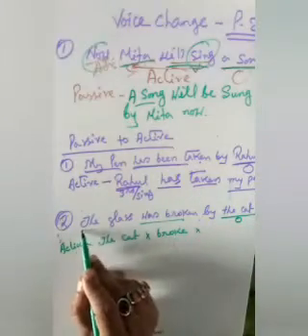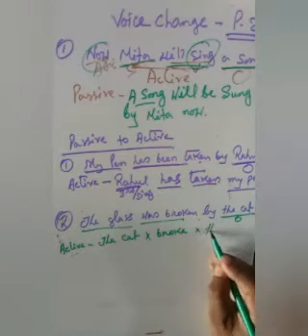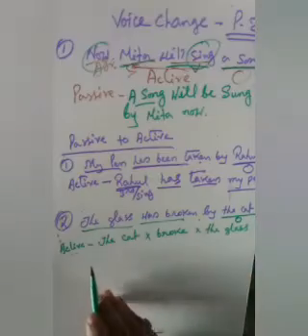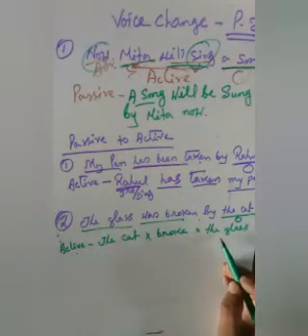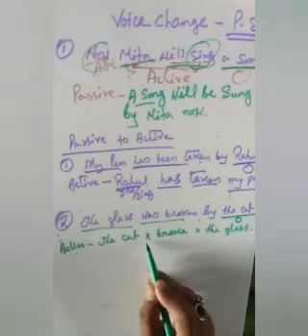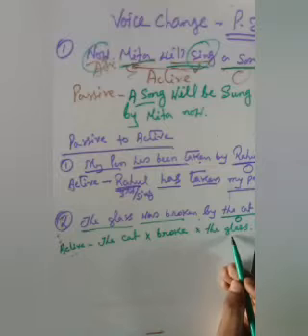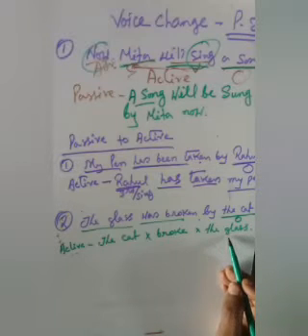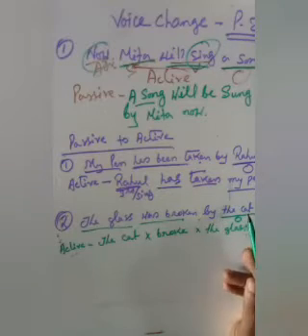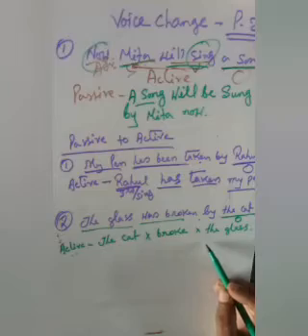Now the subject will be converted into the object. So the sentence comes, the cat broke the glass. If you follow, it is the same rules that we used to change the voice from active to passive, reversed in case of taking it from passive to active.